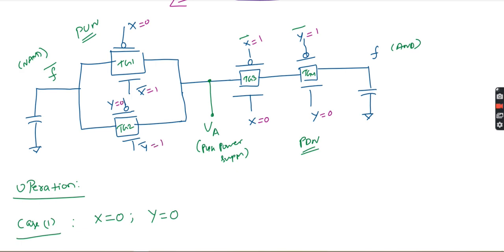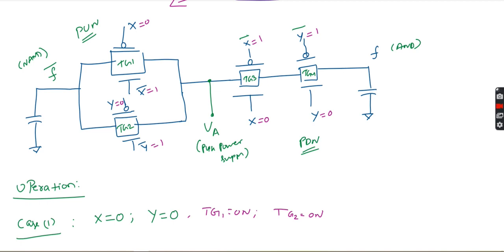Okay, then in this case what will happen? X bar is 1, X equal to 0 means TG1 is on, correct? So let us write here, channel will be on. TG1 is on. Next, TG2 also is on.